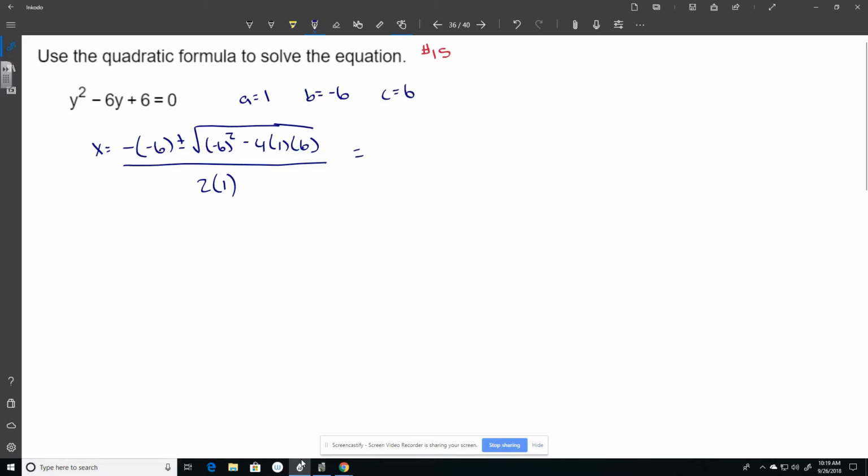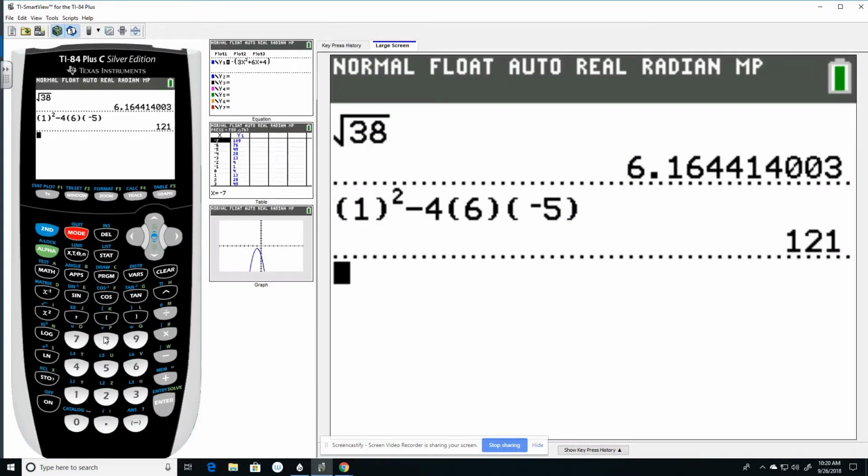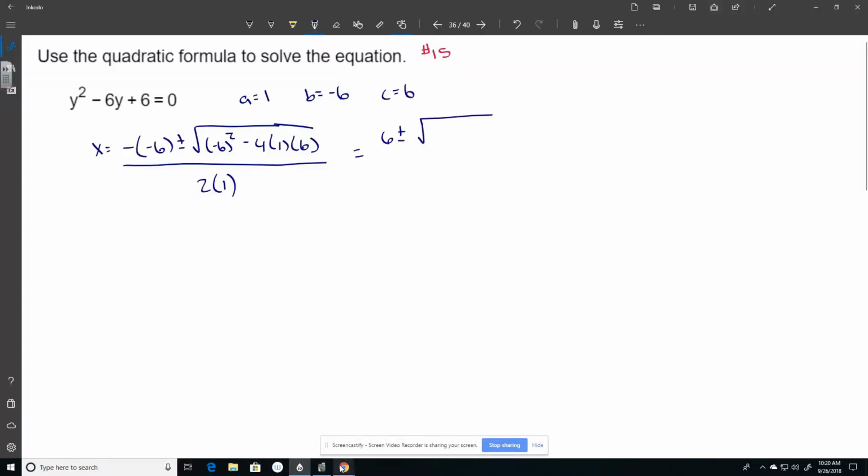So when I simplify, -6 becomes a +6, plus or minus square root, -6 squared minus 4 times 1 times 6. I can go ahead and just plug that in my calculator if I want, as long as I remember the parentheses. -6, parentheses, squared. Nope, not to the -1. Delete that. -6 squared minus 4 times a, which was 1, times c, which was 6, right? 4 times 1 times 6.